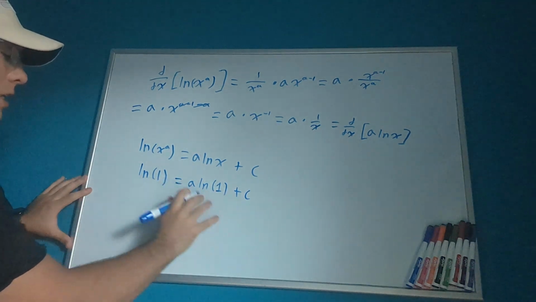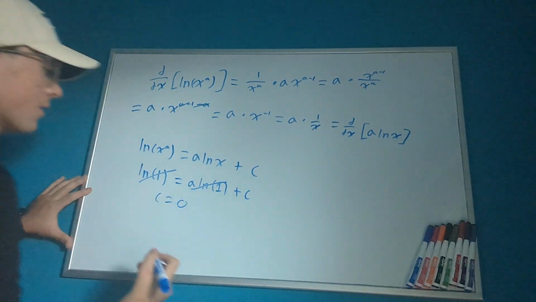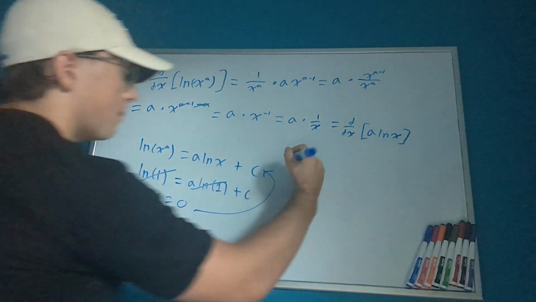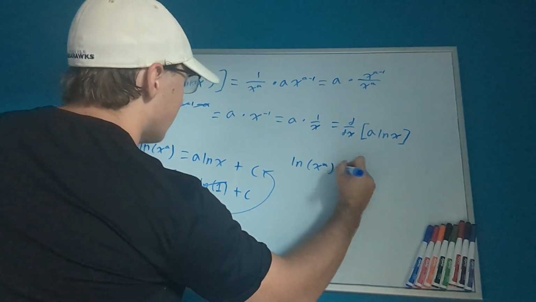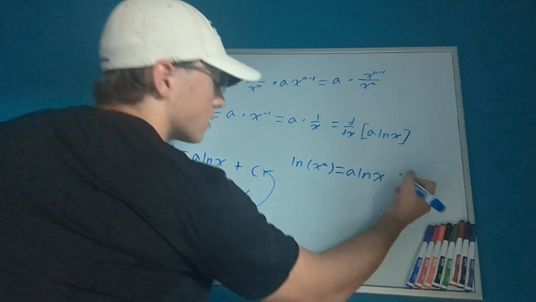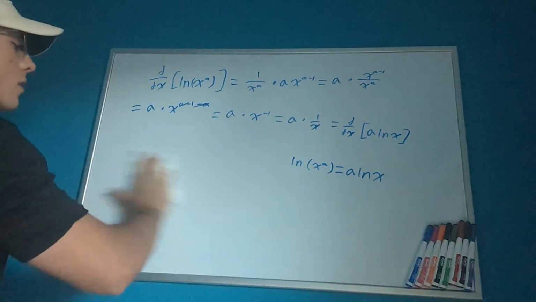Well, these will both equal 0, and we get c equals 0. So now we can substitute that back in, and we get the natural log of x to the a equals a times the natural log of x. Now we're going to do the same thing for the product rule.